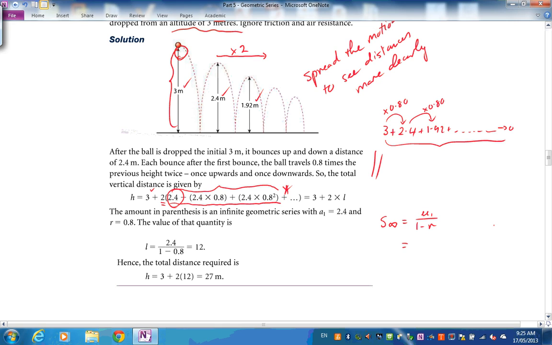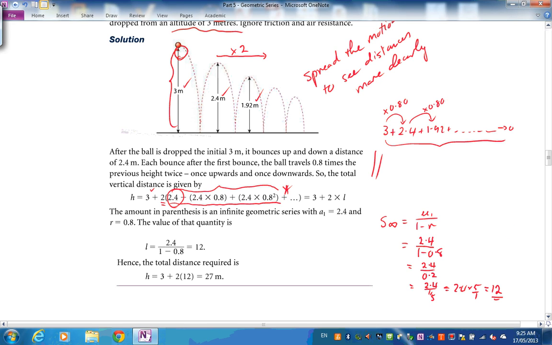So here, what we've got is the sum of those in brackets will be the first bounce, 2.4, over 1 take 0.8. If you work that out, 2.4 over 0.2, or 2.4 over a fifth, is 2.4 times 5 over 1, which is 12.